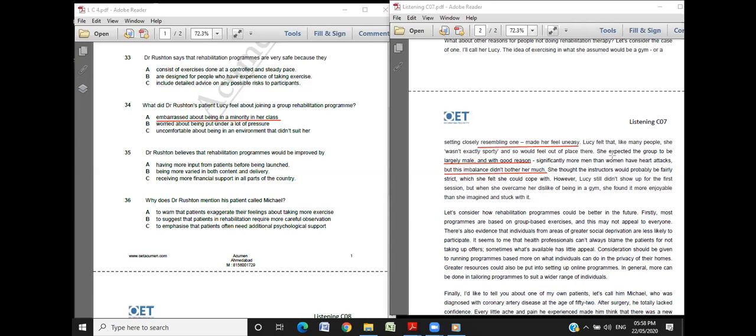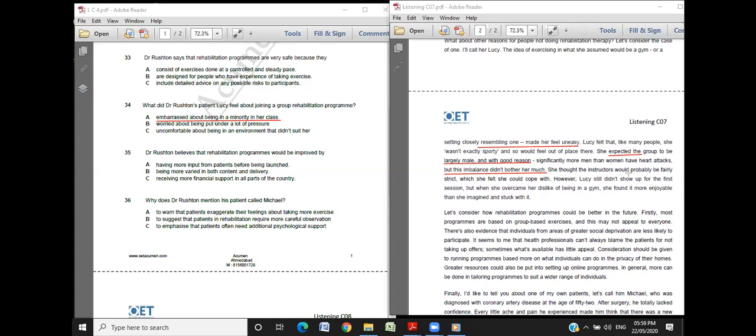She expected the group to be largely male, and it was true, her expectation, but she was not embarrassed about it. So minority in her class is correct, but if you consider the full phrase, embarrassed about being in, she wasn't embarrassed, because it says, but this imbalance didn't bother her much.